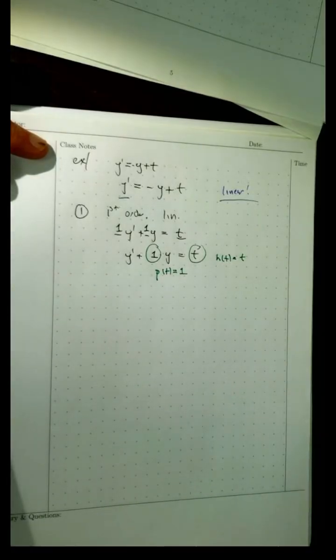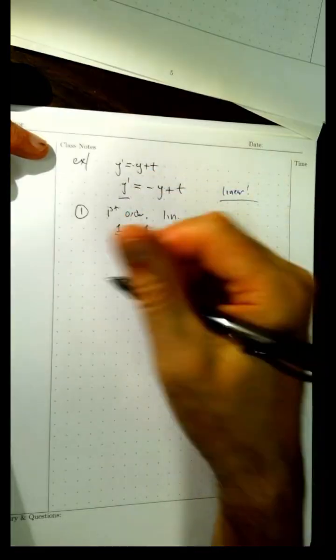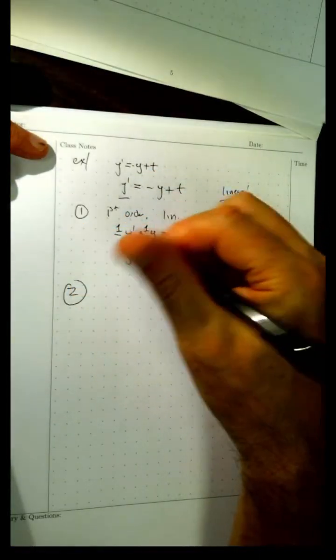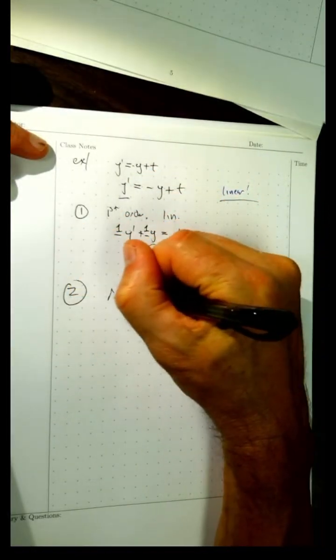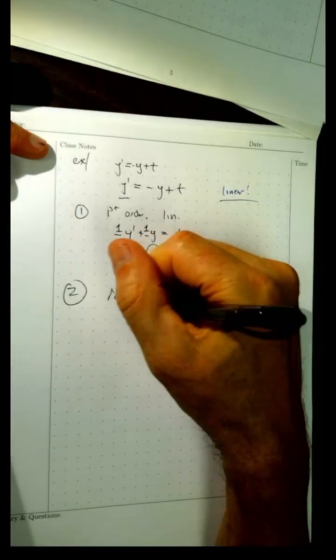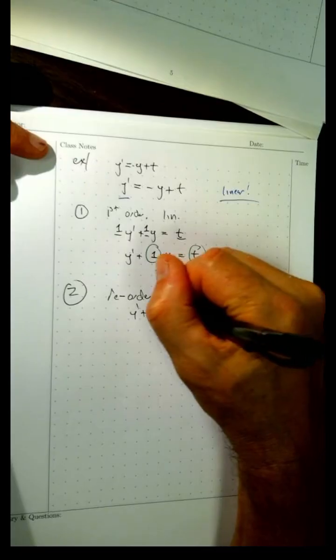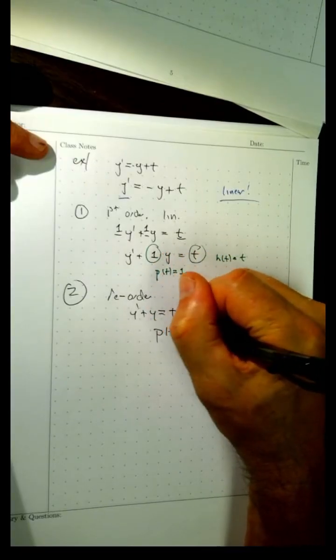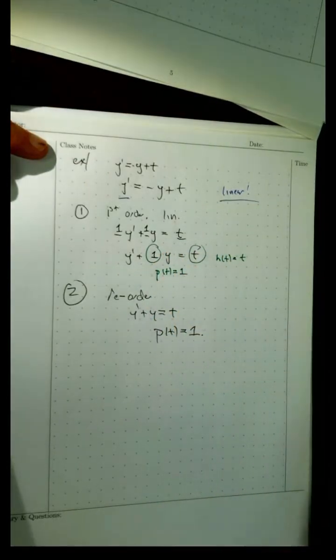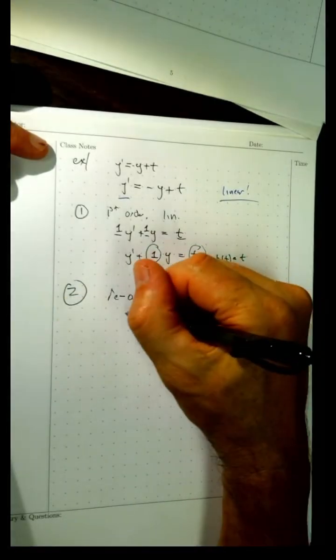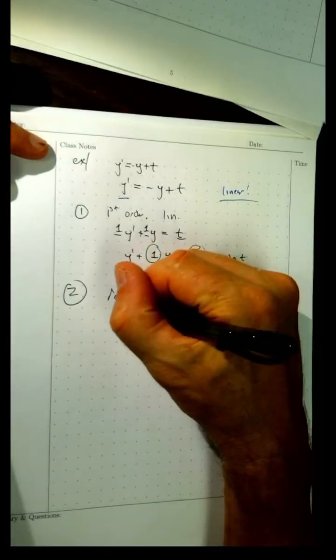Okay. All right. So the second thing is reorder, and I have it in the form of y prime plus y equals t, and I've identified what p of t is. And notice there's always got to be a 1 in front of the y prime.